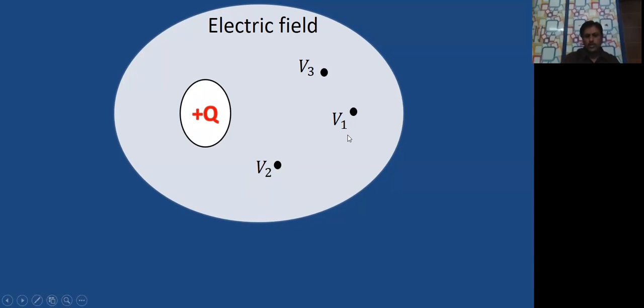The potential at this point is V1, here it is V2, here it is V3. So what is the importance of this discussion? This V1, V2, V3, all these are scalar quantities. That means electric potential is a scalar. In the earlier picture, I talked about the electric field in terms of vector values.